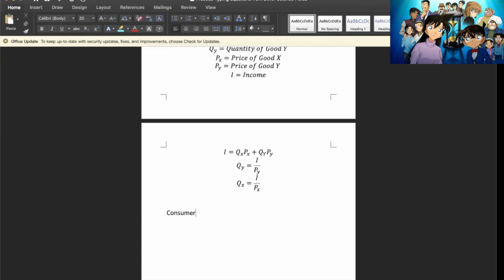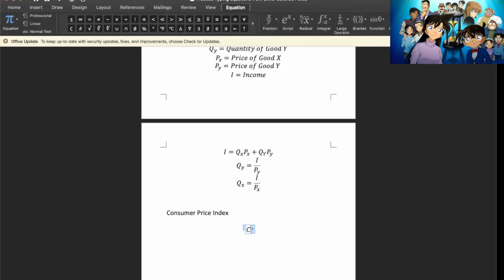There's a thing called consumer price index, and we'll be using summation notation, which I will go over in more detail later on. But you just have CPI, let CPI equal consumer price index. CPI in the first year equals, and now let's go to the large operator and put in the giant summation here from lower index I equals 1 to I equals n.